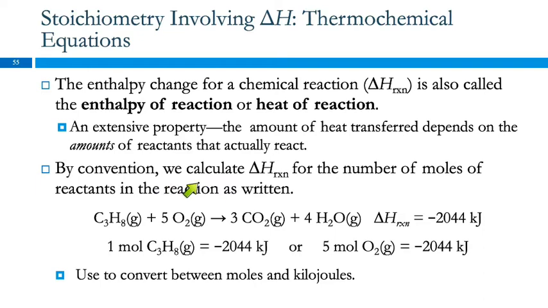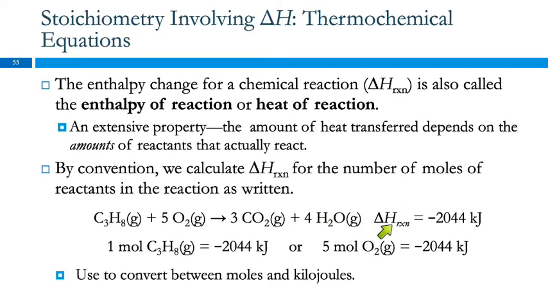By convention, we calculate the heat of reaction for the number of moles of reactants in the reaction as written. So we can look at the combustion of propane. If we interpret this equation in moles, 1 mole of propane reacts with 5 moles of oxygen to produce 3 moles of carbon dioxide and 4 moles of water.